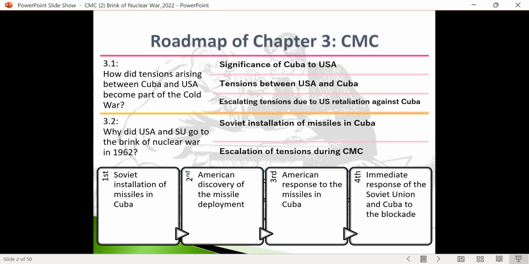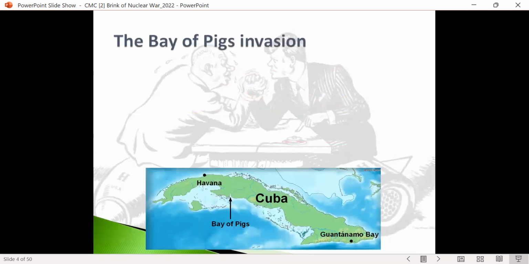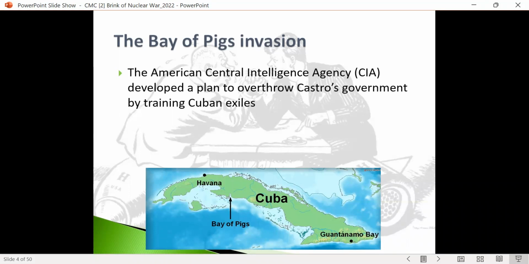Now I'm going to add to your knowledge by telling you about two more events that actually happened when the US retaliated against Fidel Castro. Very important, this was called the Bay of Pigs invasion. I think some of you have read it already. So what happened in the Bay of Pigs invasion?